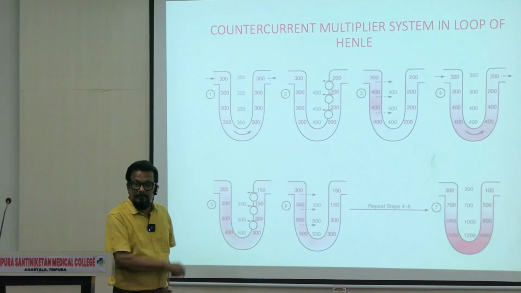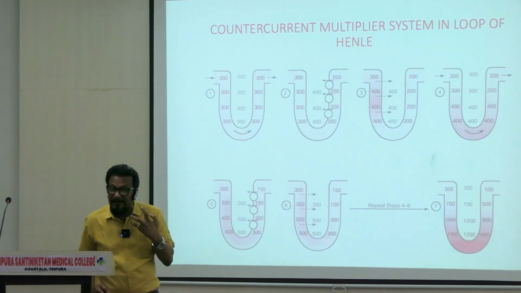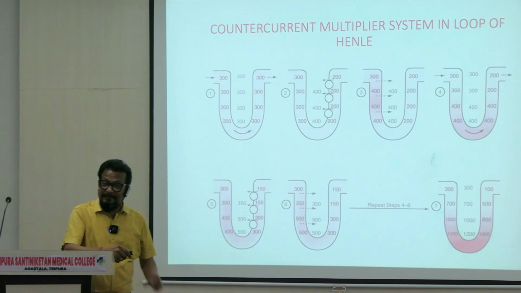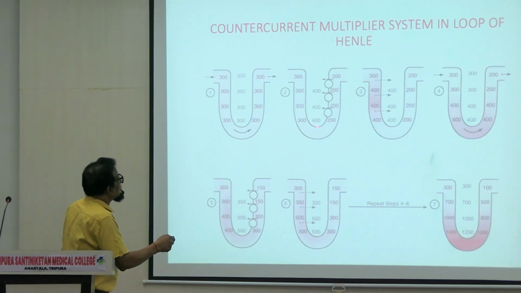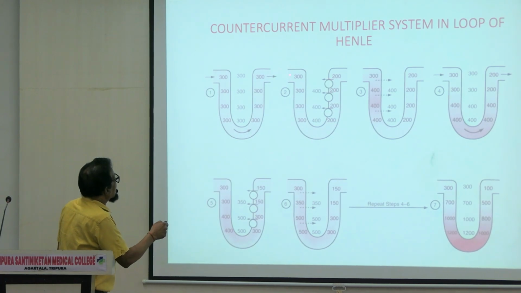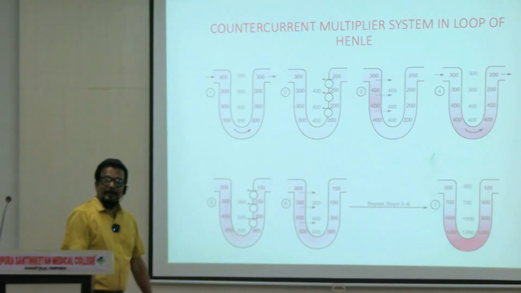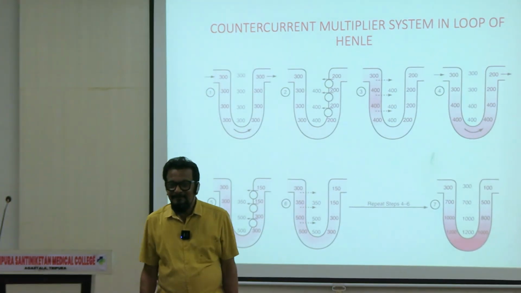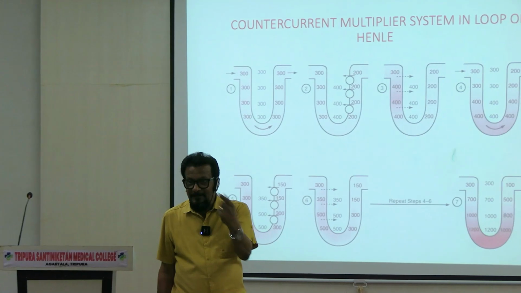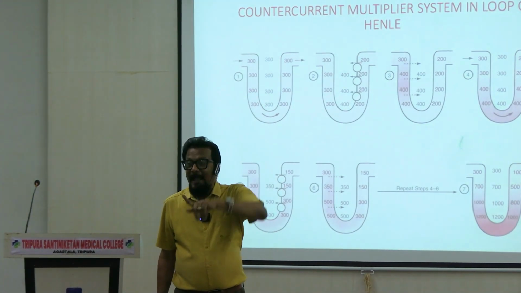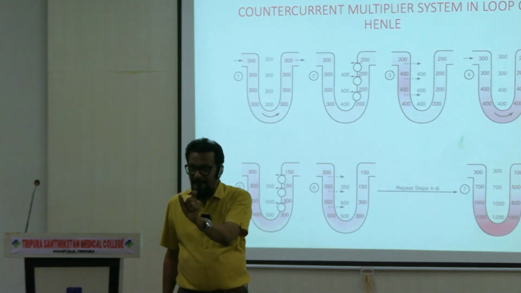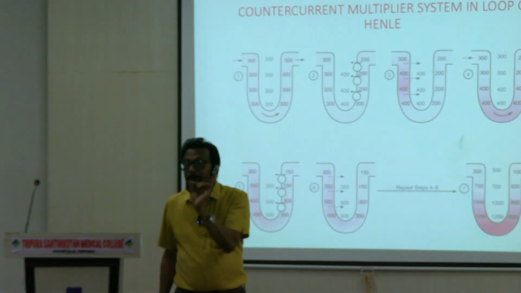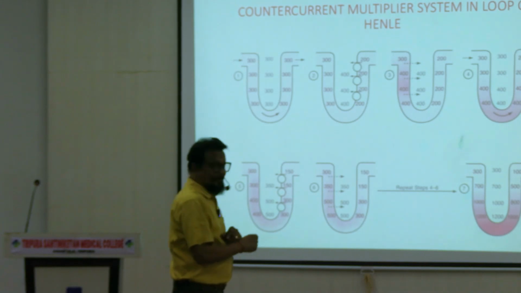Sodium chloride is absorbed, passively in one part and actively in the other. Ultimately, it entered with 300 milliosmol and is going out with 200 milliosmol, diluted. When it comes out it will be less, meaning it is hyposmolar.